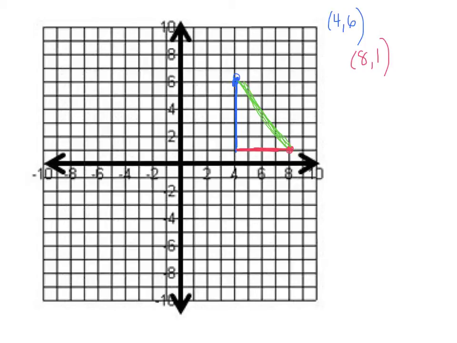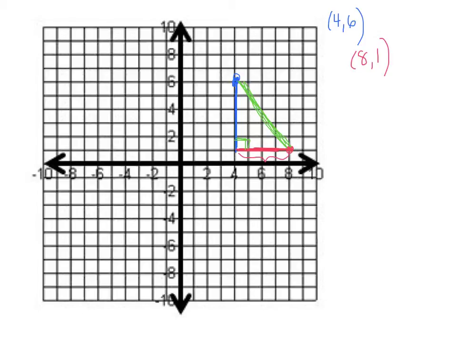I get a triangle. And I know that it's right because it meets at a right angle here. It's a straight vertical and a straight horizontal line. So this is going to be the precursor to really the distance formula, which you'll learn next year in high school.